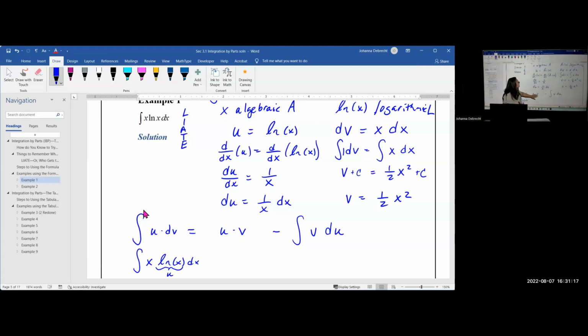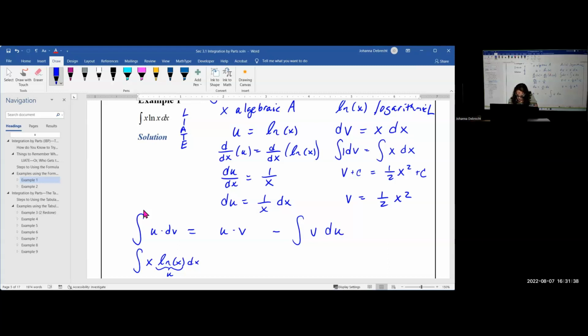Then I'm going to take u times v. Notice this is the upper left multiplied by the lower right. We're going to see this pattern coming up in the tabular form. So upper left times lower right, that's u times v. So we're really, in essence, taking these two and multiplying together.